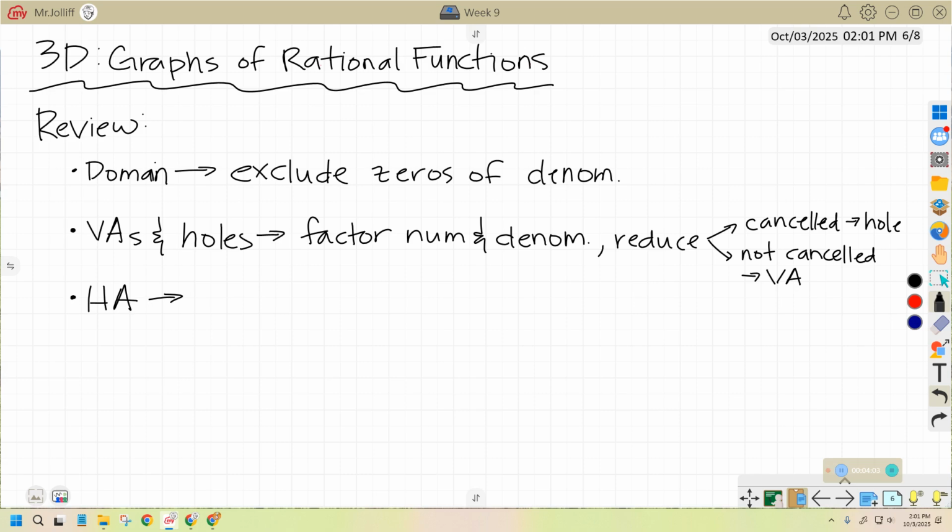Horizontal asymptotes. What did we look at to figure out where our horizontal asymptotes were? Who remembers? Numerator. What about the numerator? The degree. Very good. So this one we compare the degree of the numerator and the denominator.